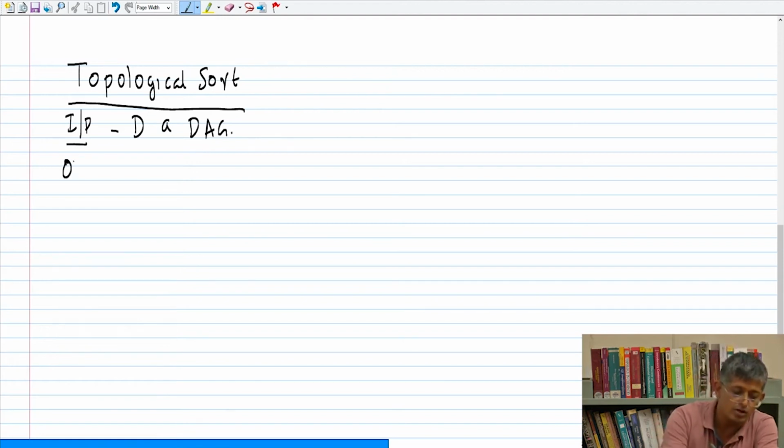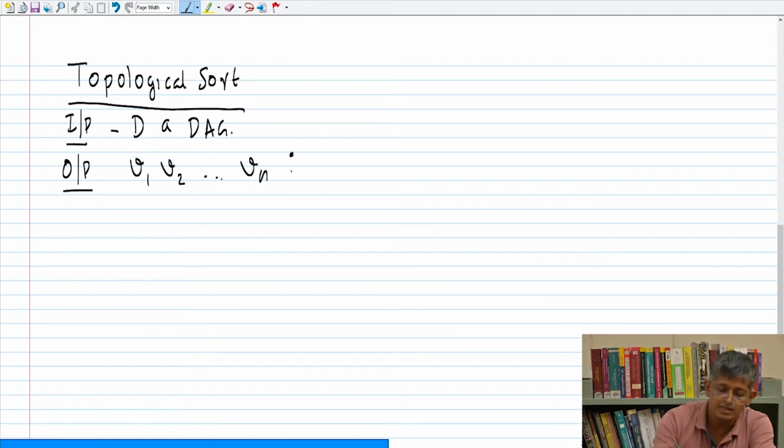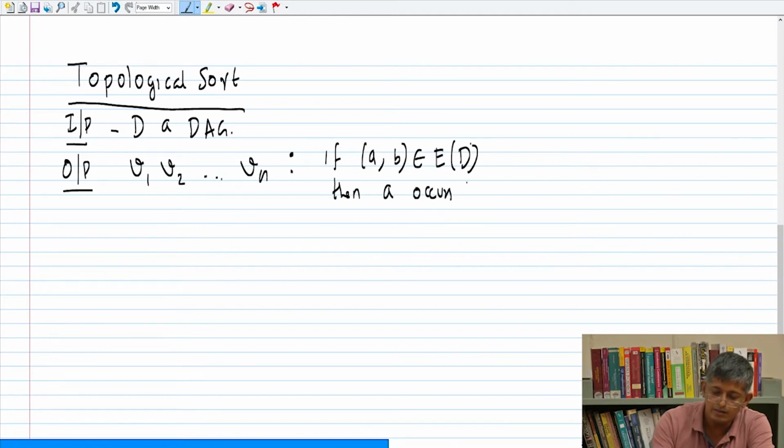The output is a linear ordering V1, V2 to Vn of the vertices of the DAG, such that if AB is a directed edge of D, then A occurs before B in the output.